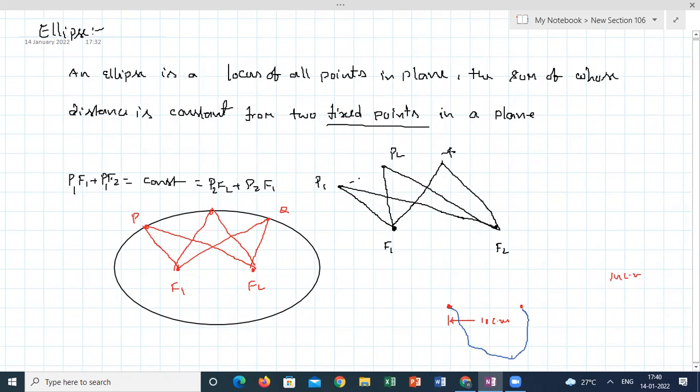Then you take a pencil and collect all the points which have the same total distance like this. That way you can draw the ellipse. If you find any YouTube videos based on this, it will be easy. You can try it at home also, on your page, to see how to draw the ellipse easily.